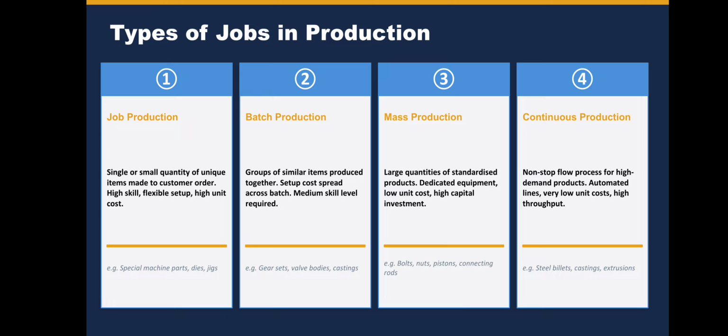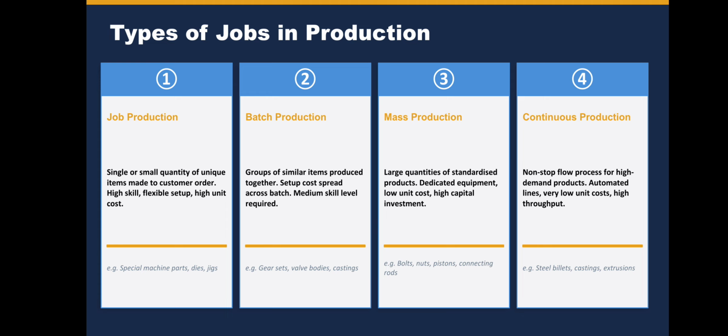Continuous production means a non-stop flow process for high demand products. That means automated lines, very low unit cost, and high throughput. It is not discontinued, it is continued non-stop for high demand products.